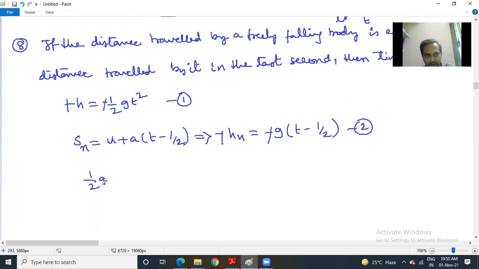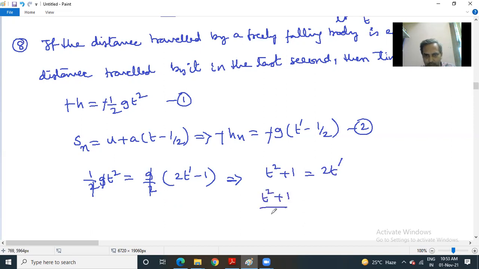So you can write half g t square is equal to g by 2 times (2t minus 1), taking 2 as the LCM. So g by 2 and g by 2 get cancelled. Now we are looking for t, so it will be t square plus 1 is equal to 2t, that is t square plus 1 by 2 is equal to t dash. So this is the desired equation.